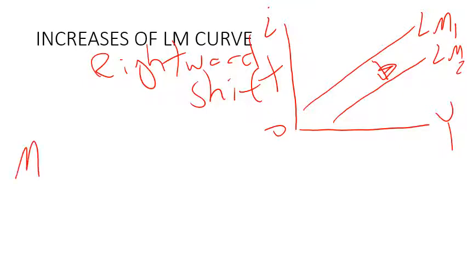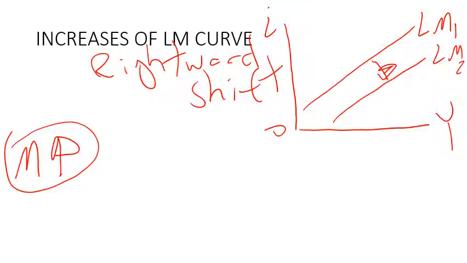It's an increase in the money supply, in the money market, obviously, effectuated by the central bank. The central bank would be buying treasury bonds, or the central bank could be lowering the discount rate.